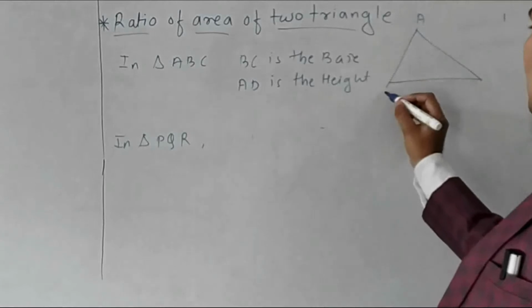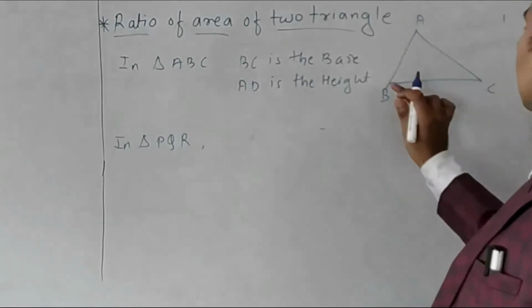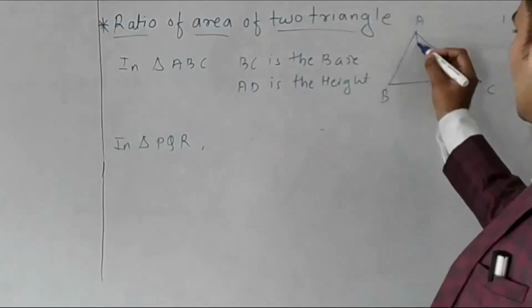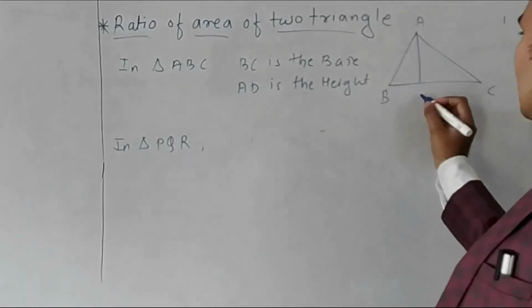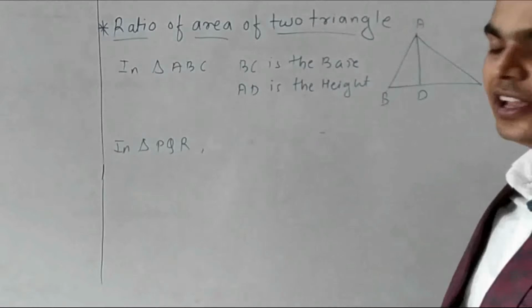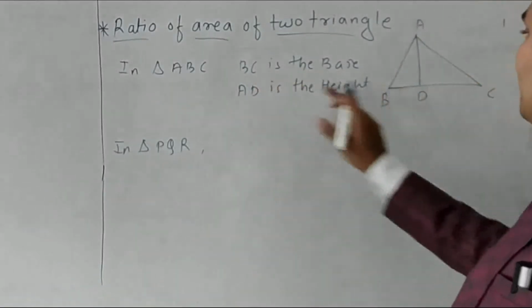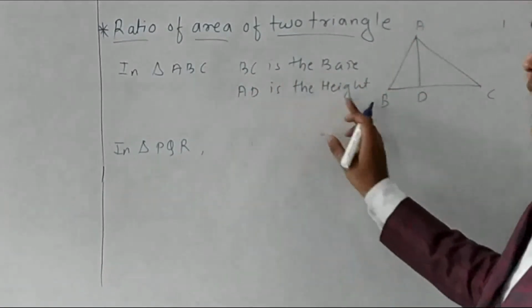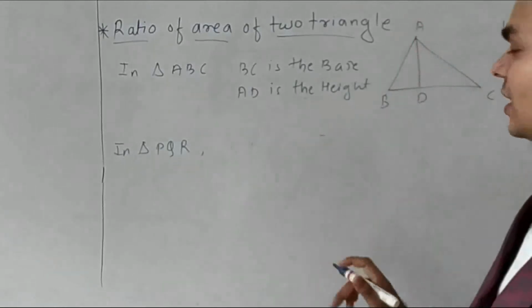In triangle ABC, AD is the height and BC is the base. You already wrote here: BC is the base and AD is the height of triangle ABC.